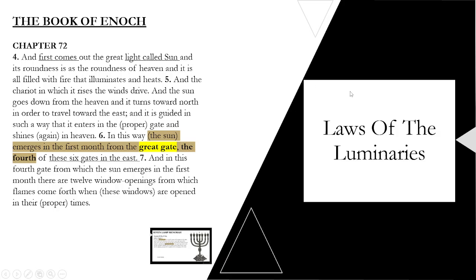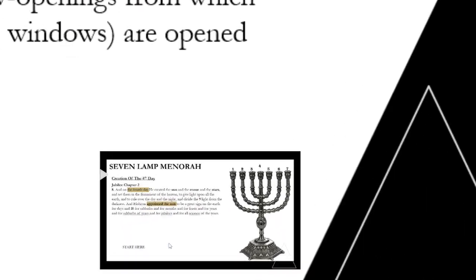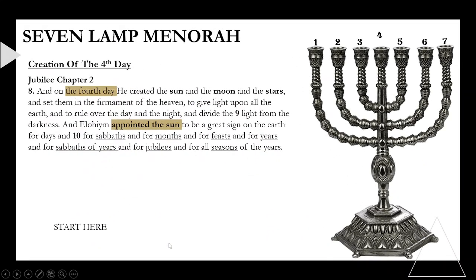I'd like to guide your attention to a supporting scripture that's found in the book of Jubilees, chapter 2, verse 8. And it says, on the fourth day, he created the sun and the moon and the stars, and set them in the firmament of the heaven, to give light upon all the earth, and to rule over the day and the night, and divide the light from the darkness.